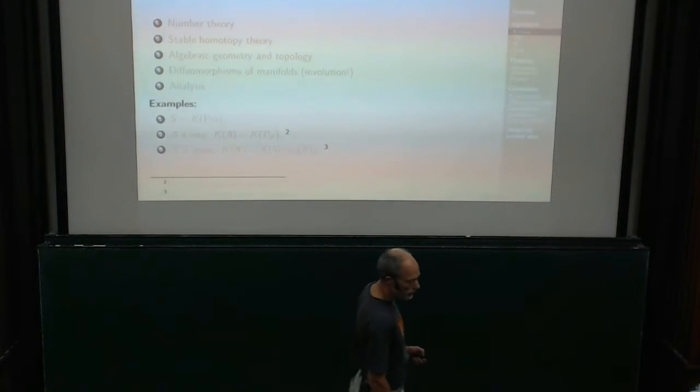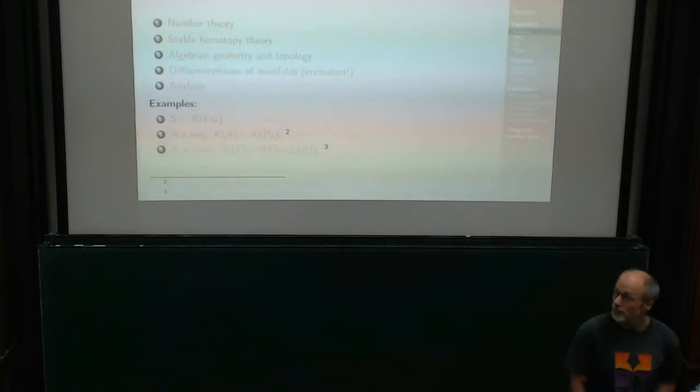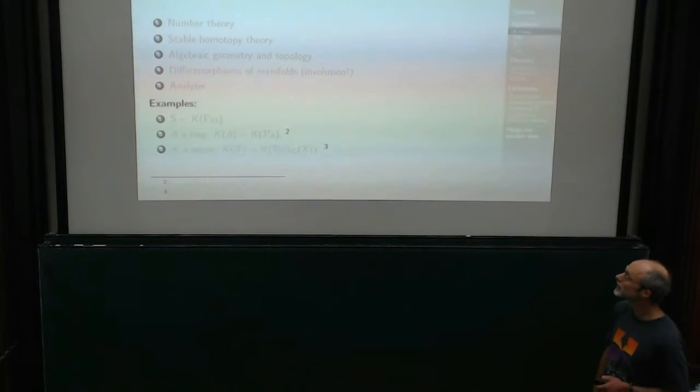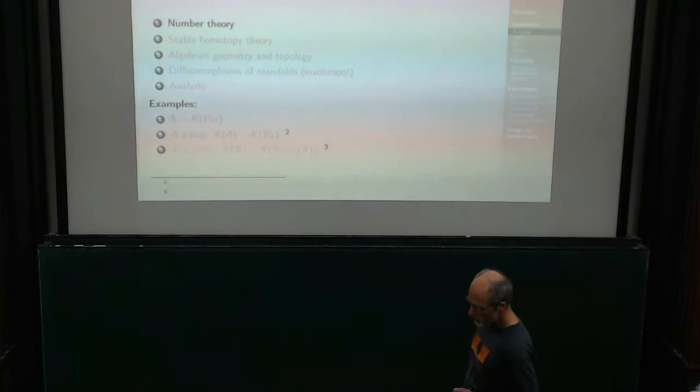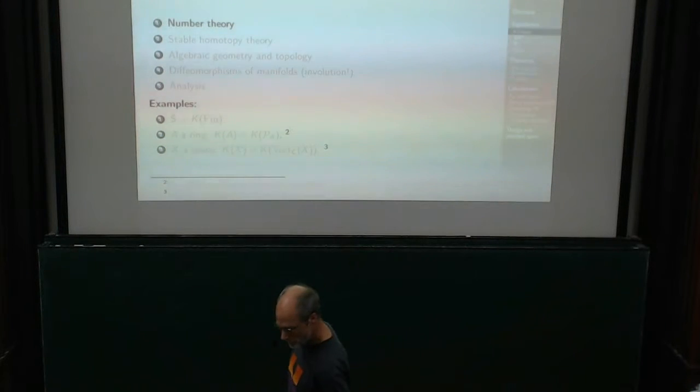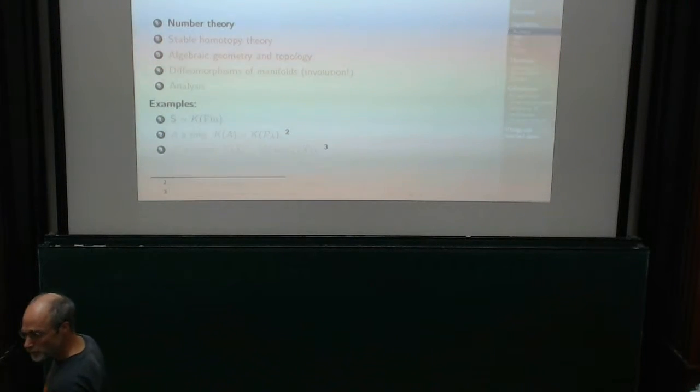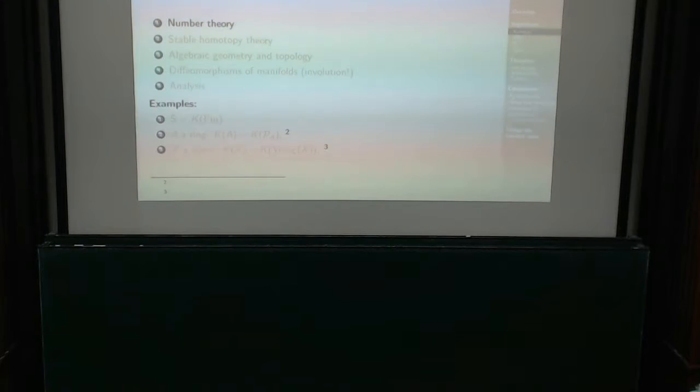Okay, so let me bore you 5 seconds about how great K-theory is. So it's good for number theory, and that's where it starts in the late 1800s with Kummer: when is a number ring a unique factorization domain? When is there an easy proof for Fermat's last theorem?